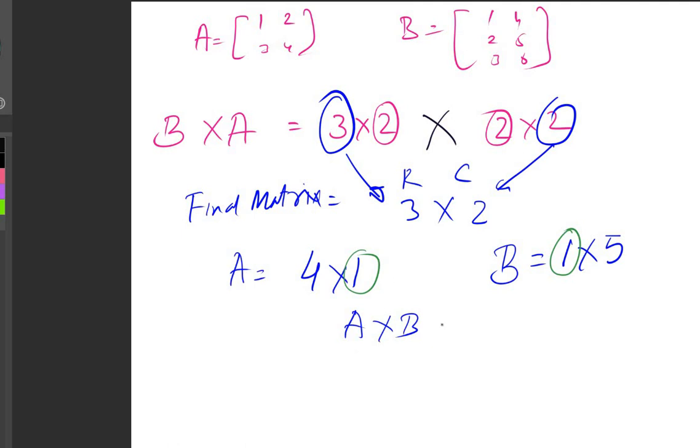The multiplication is allowed, but what is the order of the final matrix? It is 4 cross 5. All right, so that's the very basics of matrix multiplication, the rules of matrix multiplication, right?